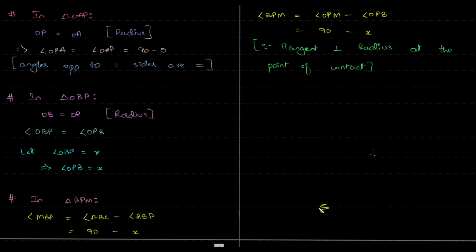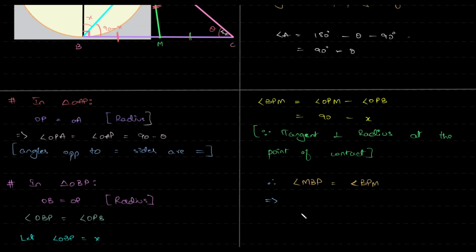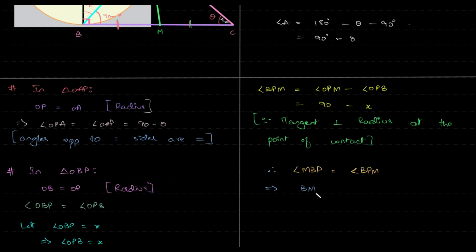Okay, and then we have the following. What is it? This implies angle MBP is equal to angle BPM, right? This in turn implies side BM is equal to MP.